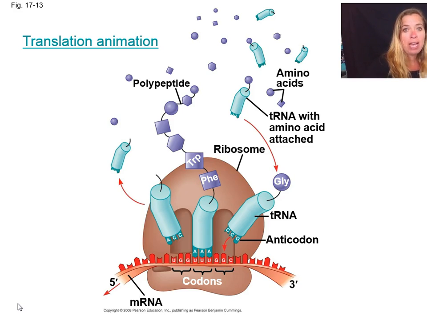Once that happens, it's going to slide the mRNA molecule down, and it's going to move the tRNA molecule into the next position in the factory. When this happens, a bond forms between the two amino acids, adding to the polypeptide. As the tRNAs move through the ribosome, and once they've released their amino acid, they're released to go back out into the cytoplasm and pick up a new amino acid to try out on a new ribosome.